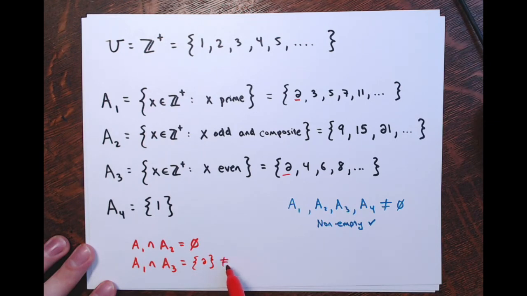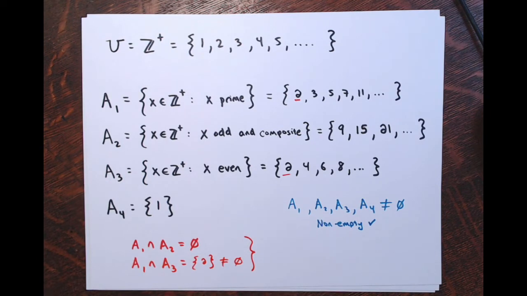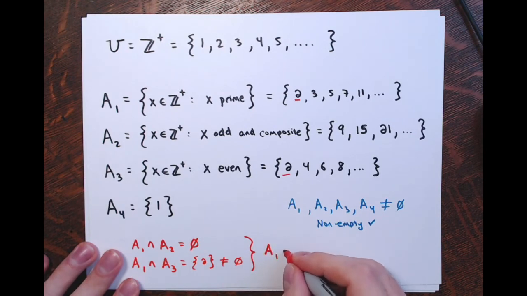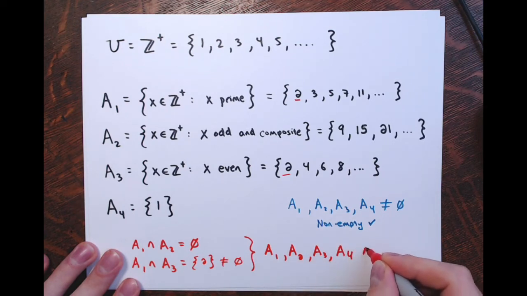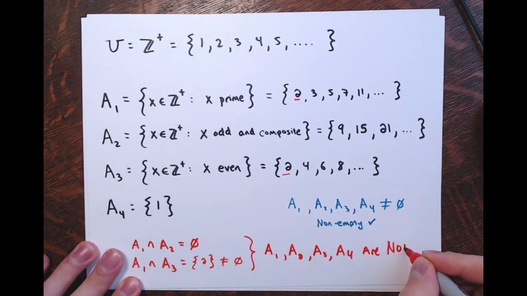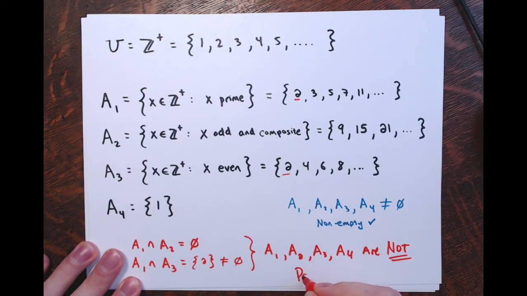This is not empty, so I can stop now. These sets are not pairwise disjoint. A1, A2, A3, and A4 are not pairwise disjoint or mutually disjoint.